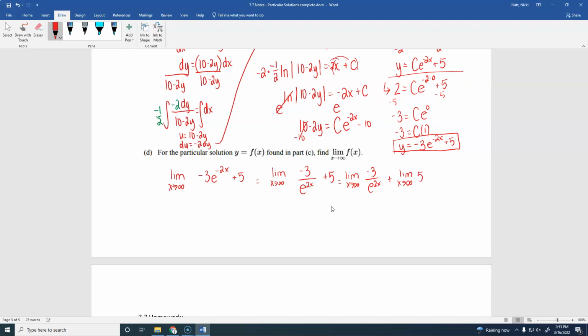You can take the limit of those two pieces separately because they're added together. What is the limit as x approaches infinity of negative 3 over e to the 2x? It is 0 because you have the bigger exponent on the bottom. What about the limit as x approaches infinity of 5? It is 5, so you will get 5 as your answer.